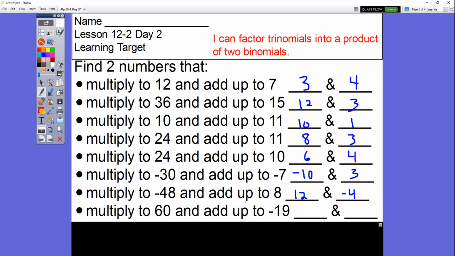Go ahead and try this one. When you multiply them together, you get 60, but when you add them together, you get negative 19. Go ahead and type in your answer, please.